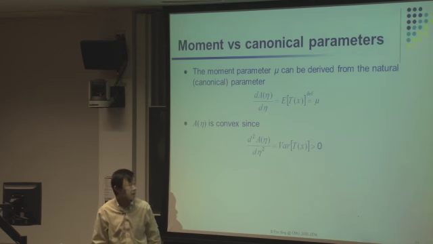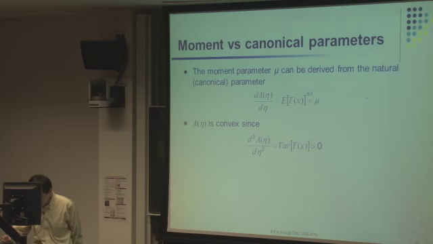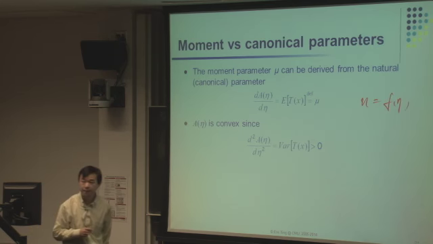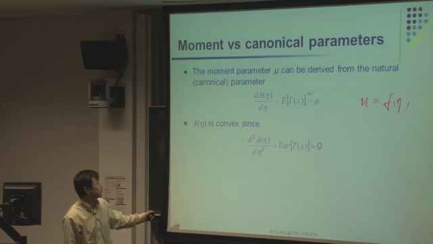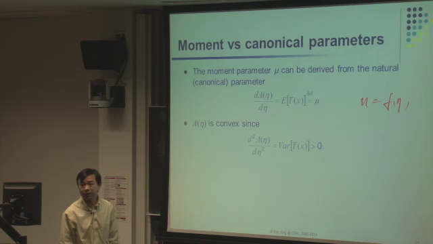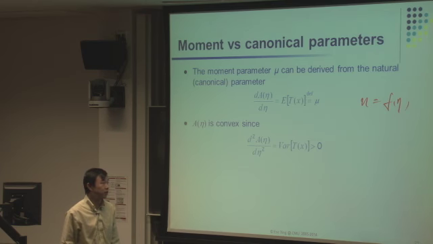So there is a nice function, mu equals f of eta, and that's going to be used later on for you to choose a smarter parameterization among many choices. And also, you can for free realize that this log partition function is a convex function because the variance of the sufficient statistic is always a positive semi-definite matrix.